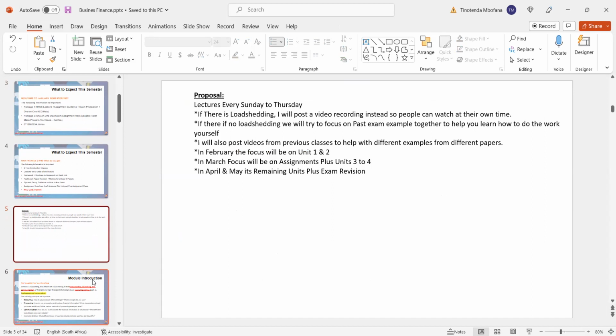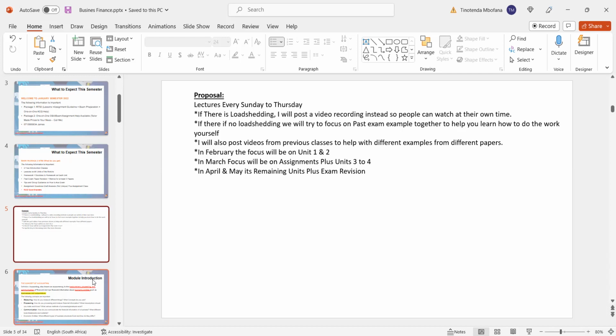So like I said, this proposal, what it means is that we will have lessons from Sunday up to Thursday. Now, for the free classes, they are not going to be standard. We are going to have some on certain days, some on other days. I'm going to advise every single time we have the free classes. But the moment the students who are interested have made their payments, then I will present to you a timetable.